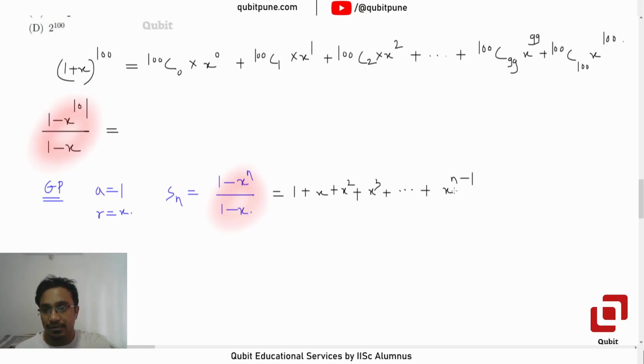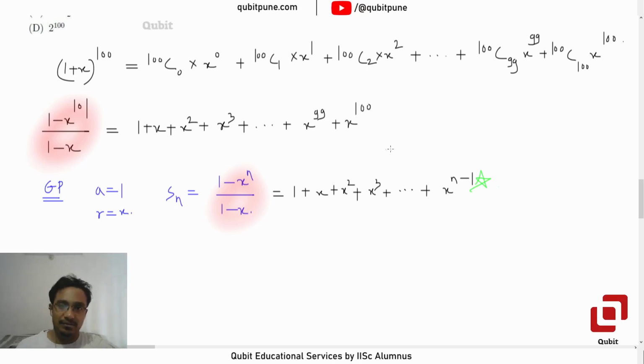Got it? So stop at n minus 1 and don't write x raised to n as the last term. Using it, we can now write this as 1 plus x plus x squared plus x cubed. Now how far are we supposed to go? n is 101, so we should go until x raised to 100.